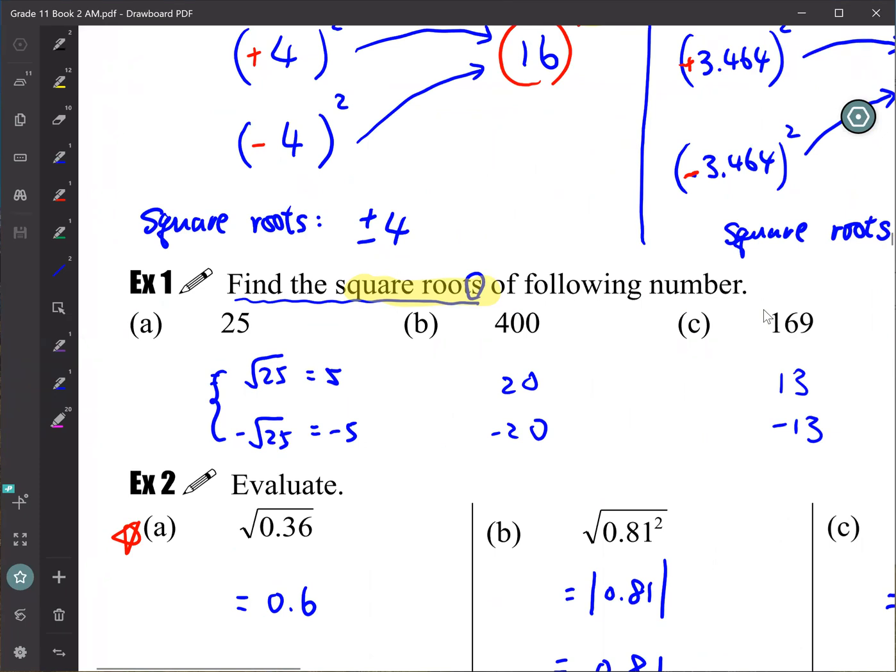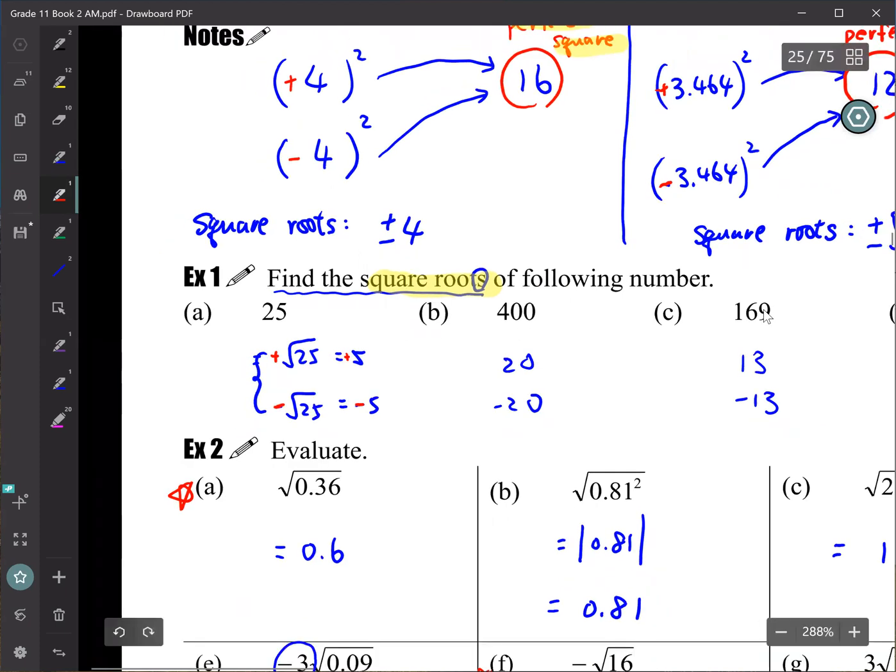This is the positive radical, so it gives you the positive square root. And then you could have a negative radical 25, which gives you the negative root. So you always have two square roots.